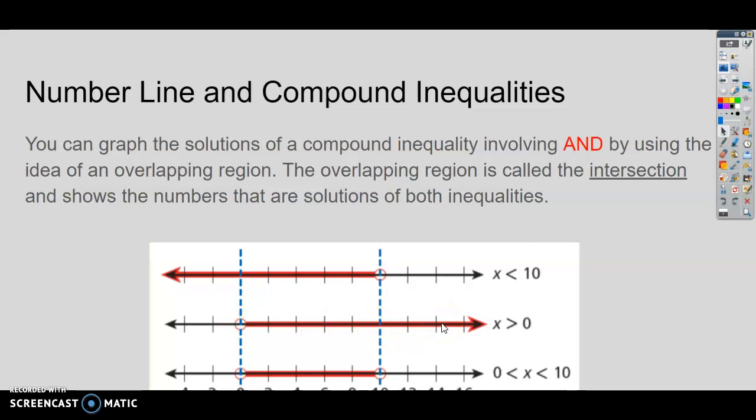That means all x greater than 0. And then if you look at the part in between, this is an and statement, the overlapping region represents all x's that are between 0 and 10.